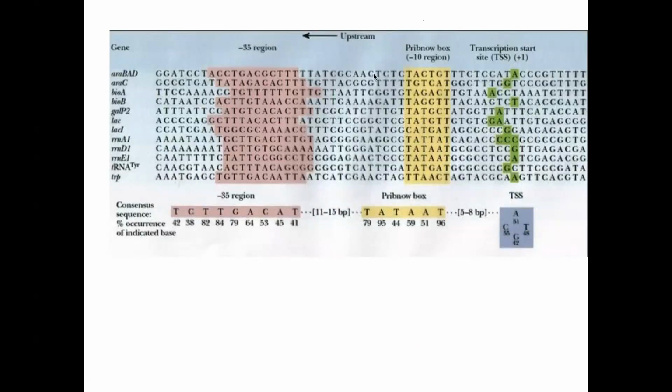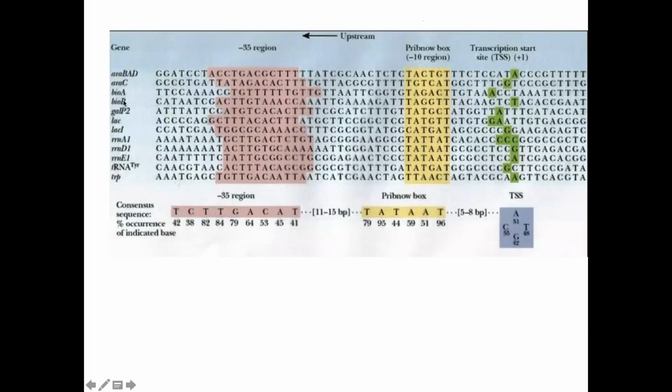So protein encoding genes produce mRNA molecules through transcription. tRNA genes produce tRNA transcripts, and ribosomal RNA genes produce rRNA transcripts. So all three of those gene types are aligned in this diagram here.